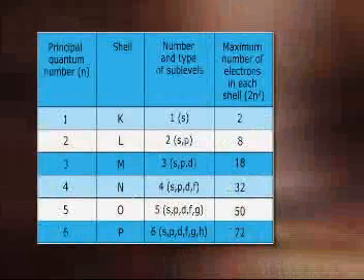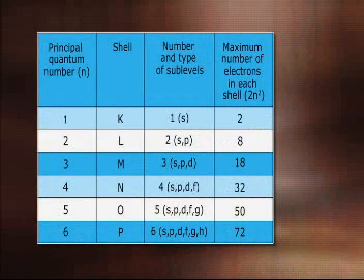For example, the number of subshells in the shell for which n equals 1 is 1, and in the shell for which n equals 2 is 2, and so on. This table helps to illustrate the concept of sublevels within the atom.